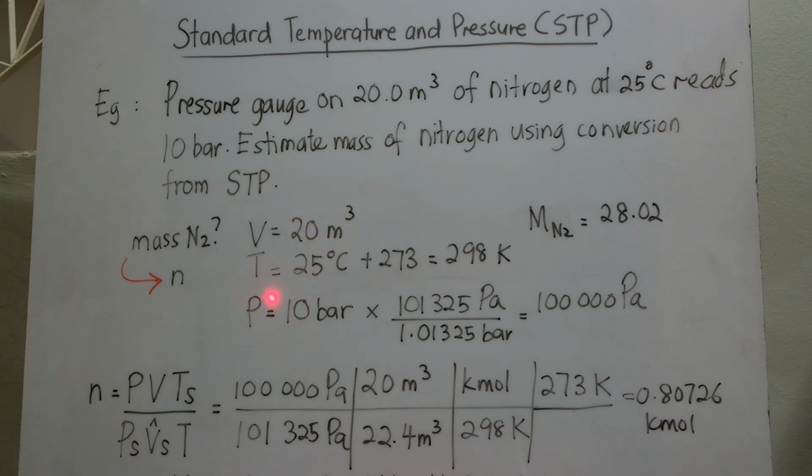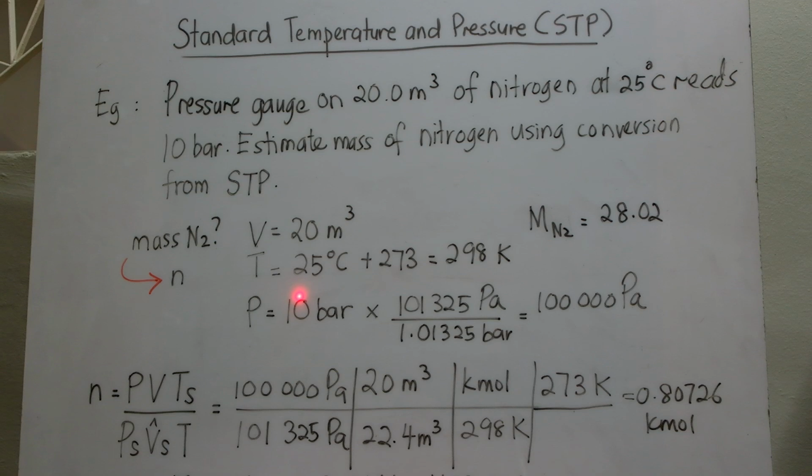But for temperature, standard temperature is in Kelvin. So to find the temperature in Kelvin, we add 25 plus 273. We get the absolute temperature for the system as 298 K.